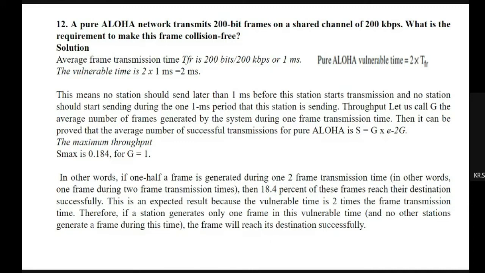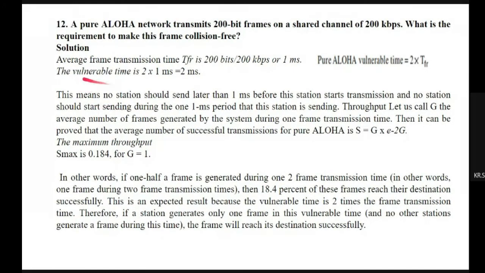So what is the formula for the pure Aloha vulnerable time? That is 2 into T_fr. So the vulnerable time is 2 into 1 ms, the final vulnerable time is 2 ms. So you should find the vulnerable time by using this formula.